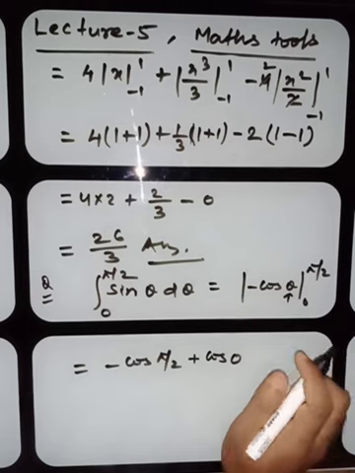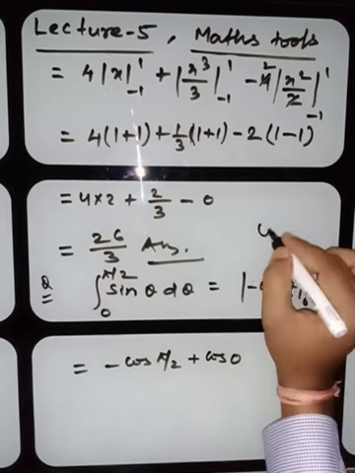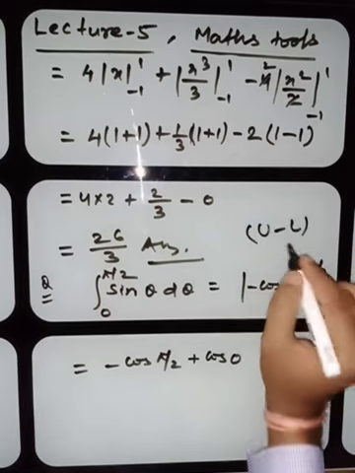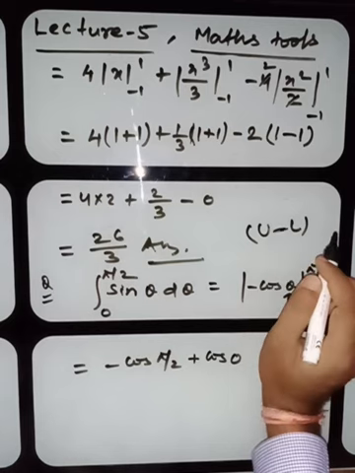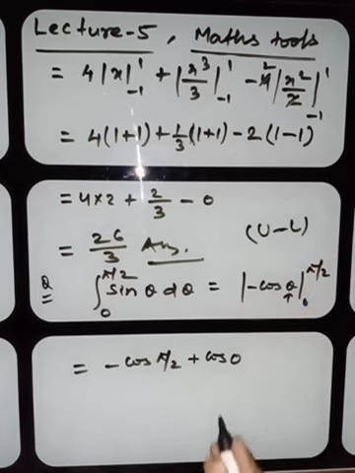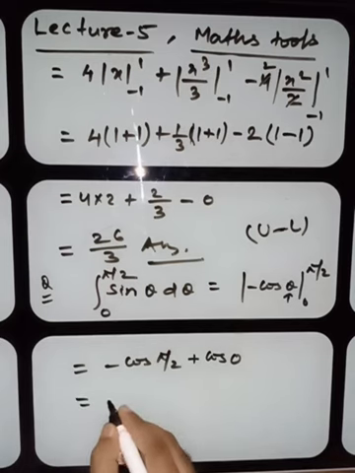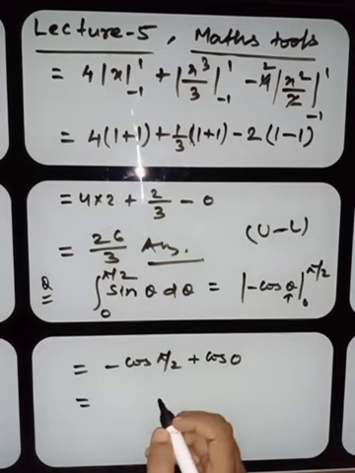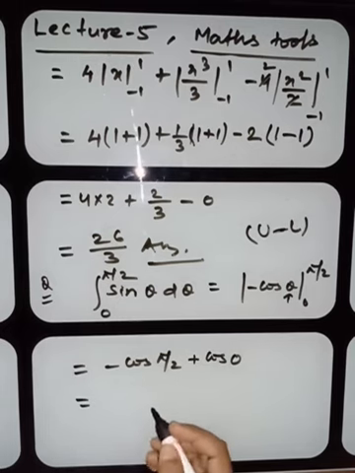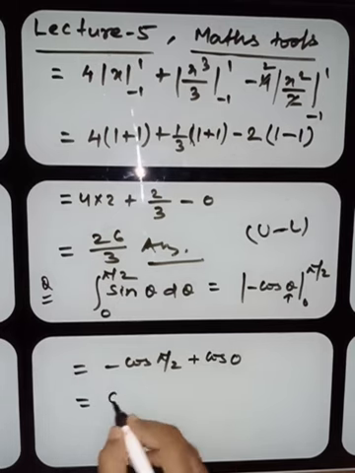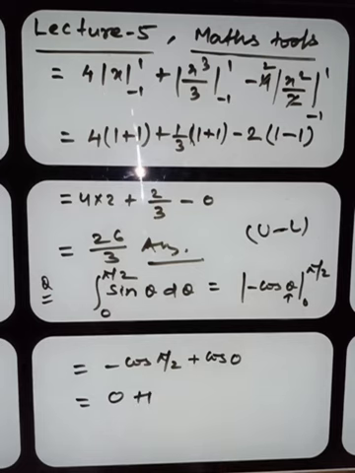Remember students, you use upper limit minus lower limit, so this minus will be before the function, not the variable. It is minus cos pi by 2. Do you remember students the value of cos 90 degrees? It is 0. All right, so 0 plus 1, and the answer is 1.